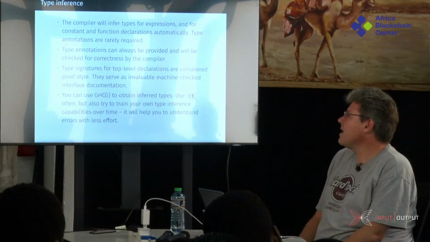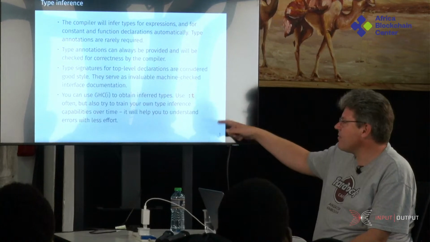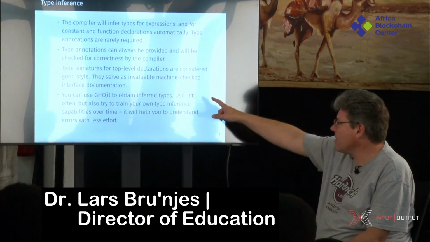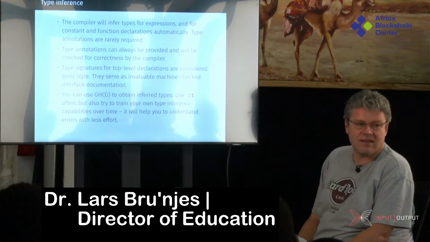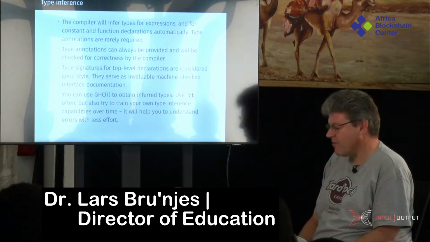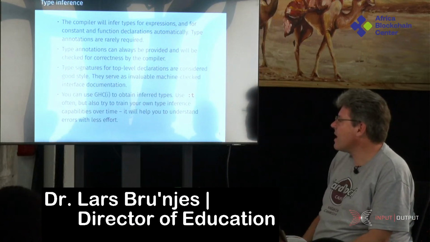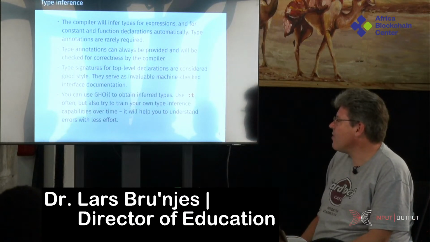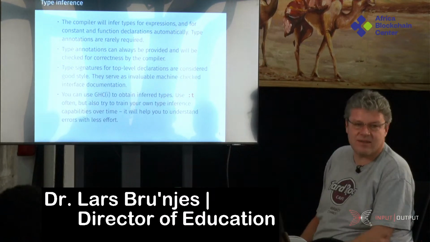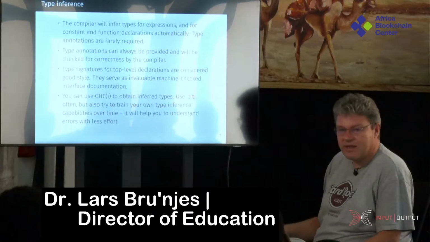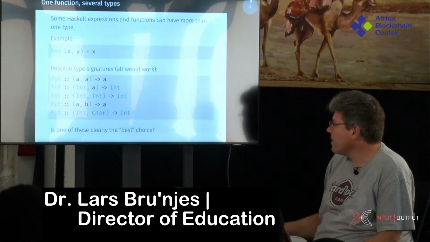And as I also already showed you in GHCi, in the REPL, if you use :t and then some expression, you're shown the type of that expression. That's always helpful, but you should also over time learn to basically do the work of the type inference algorithm and see the type of an expression yourself.